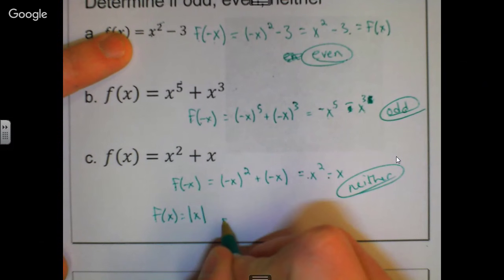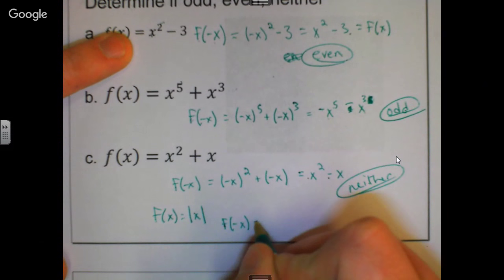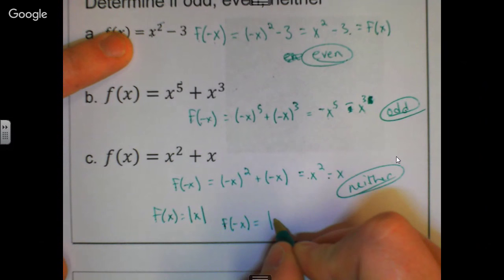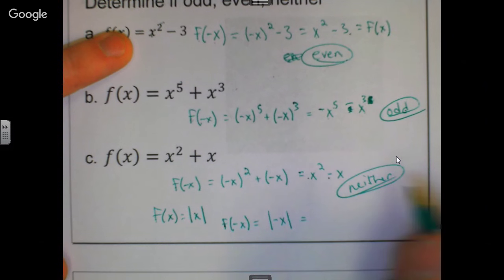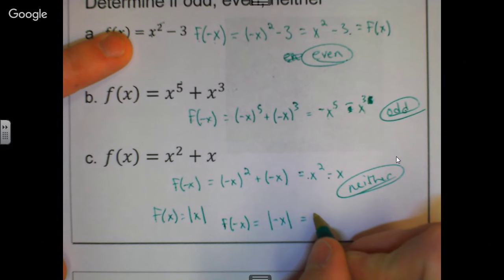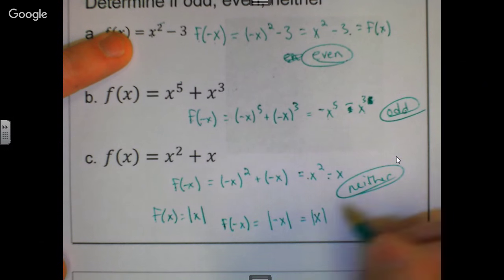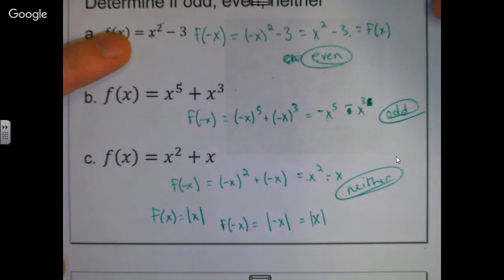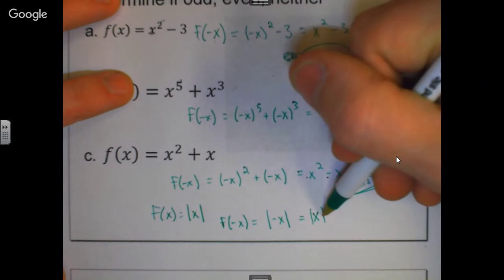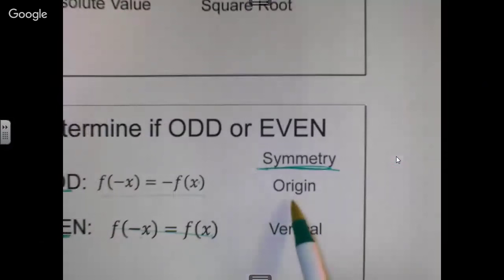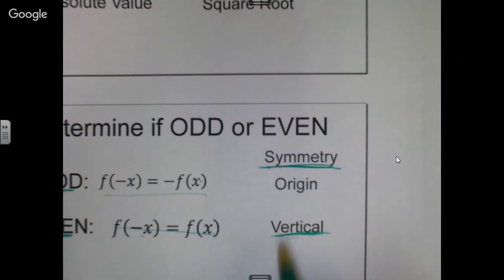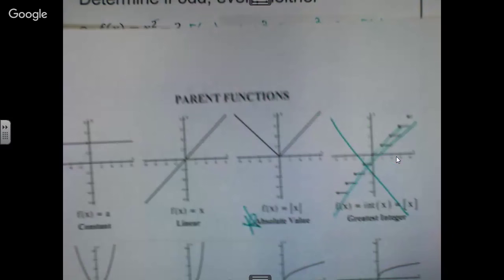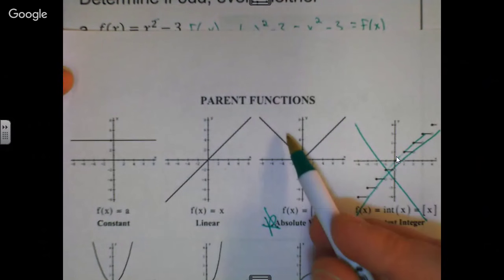So I'd have to say f of negative x equals the absolute value of negative x, which is the absolute value of x. So in this case, it is even. If we look back at symmetry, the absolute value function also has a vertical line of symmetry.